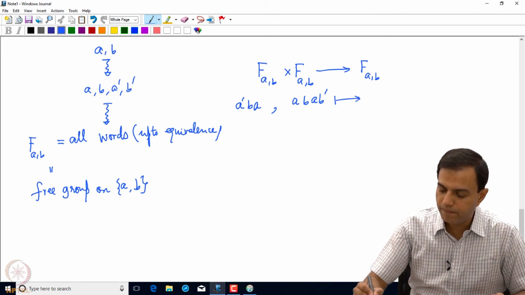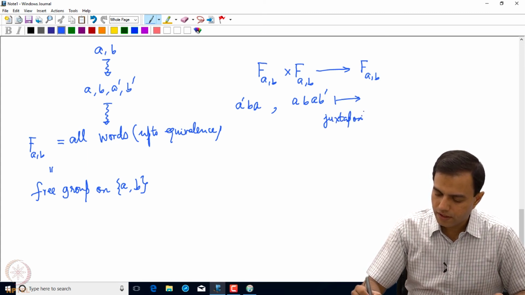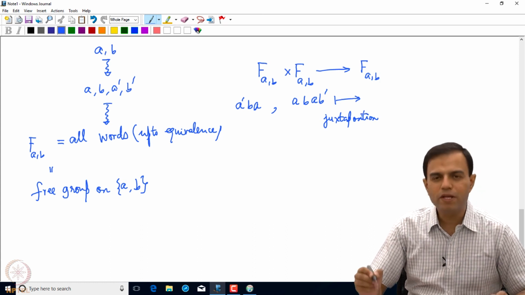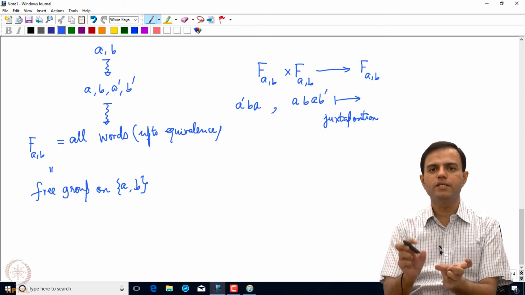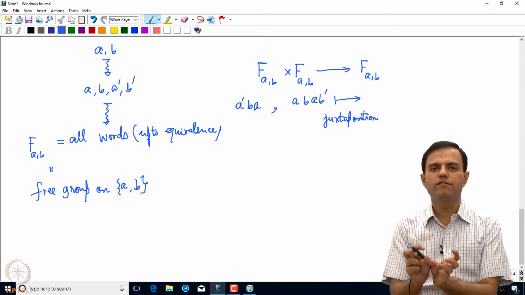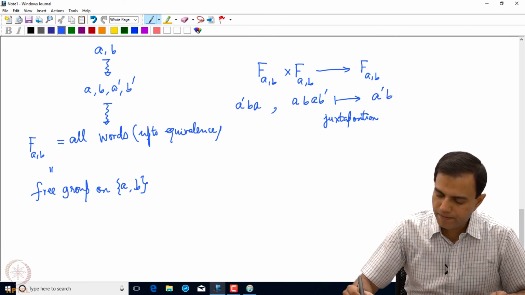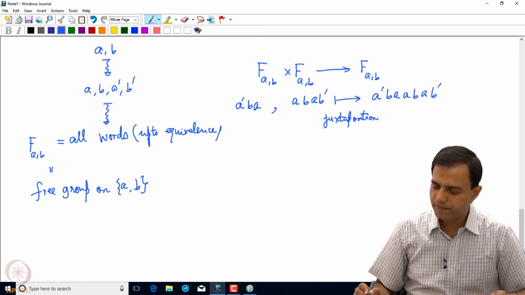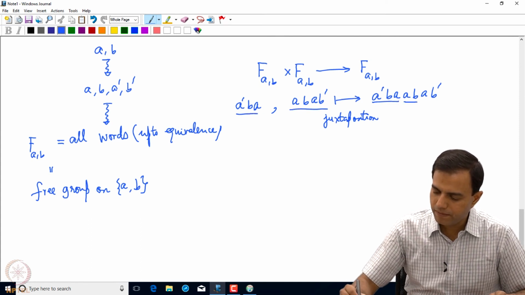What's the group law on them? Juxtaposition. You just place these two words back to back. Place the first word, then you place the second word, just merge it in the formal fashion. So what is that? A prime, B, A, A, B, A, B prime, right? A prime B A and A B prime.